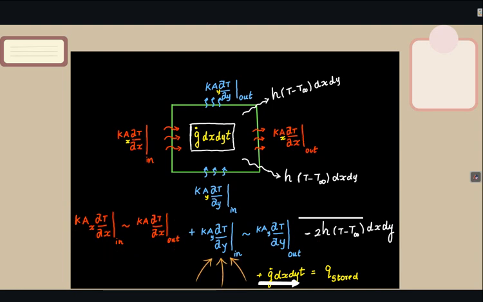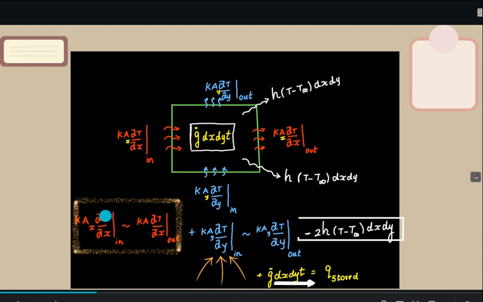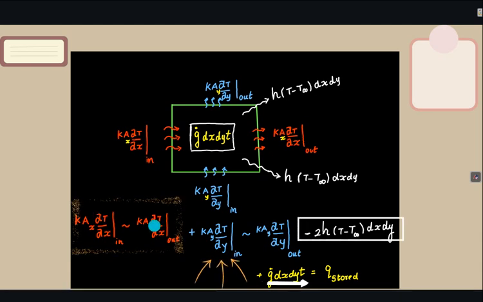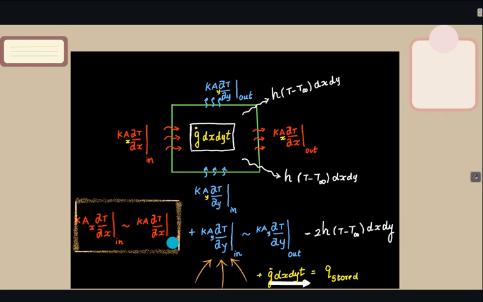In the next step, what I will be doing is this: dt, change in temperature, minus change in temperature. What is change in temperature dt when it comes in, minus change in temperature when it goes out? That becomes ∂²T divided by ∂x. See, I'm doing the mathematics very carefully here.